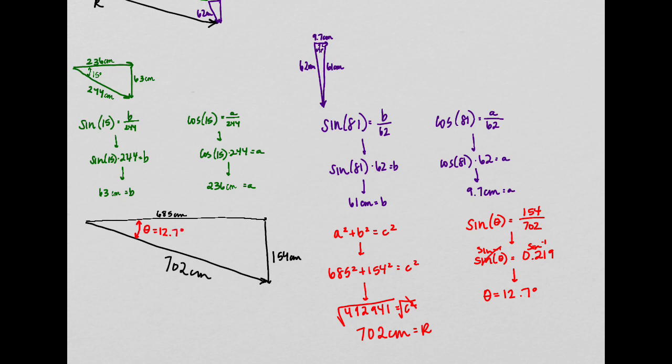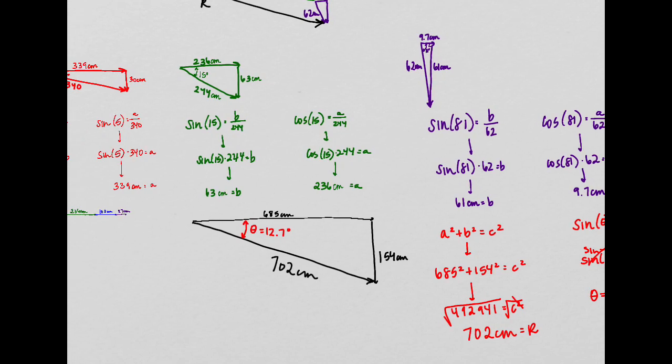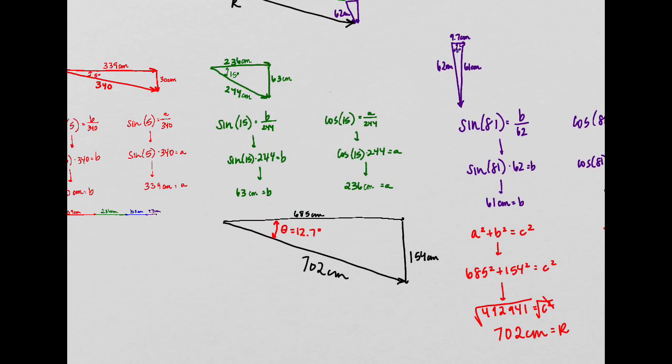So the way we're going to give this answer is you would say that the resultant vector of the rat, whatever it is, I can't remember, is 702 centimeters, 12.7 degrees in the south of east direction.